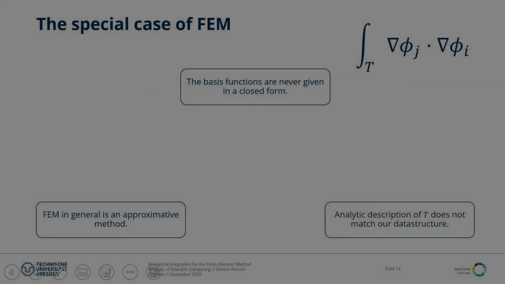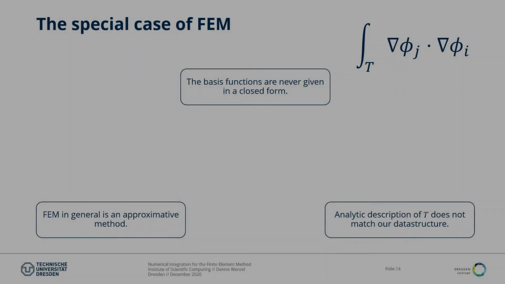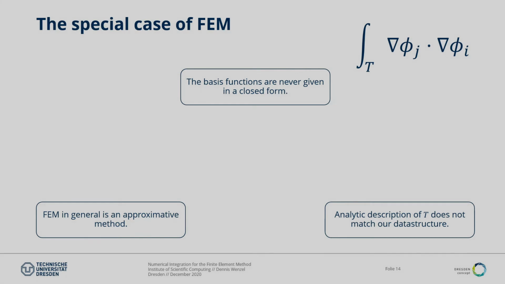And the last thing, if we wanted to actually analytically describe T, our integration domain, so some cell or something, that totally does not match our data structures of storing cells and points, because analytic descriptions are always kind of difficult if you have data structures involving only vectors and matrices.